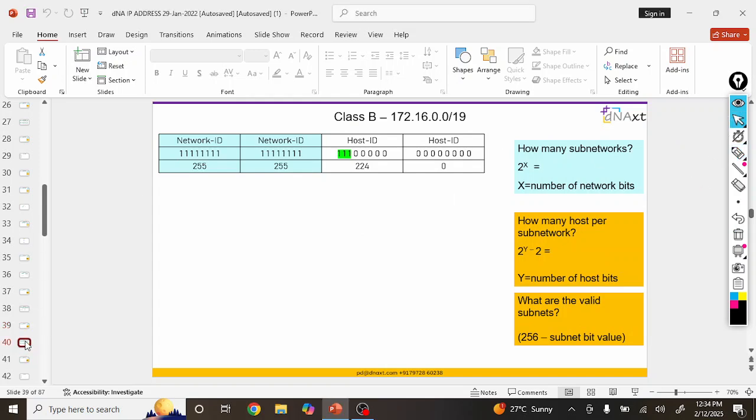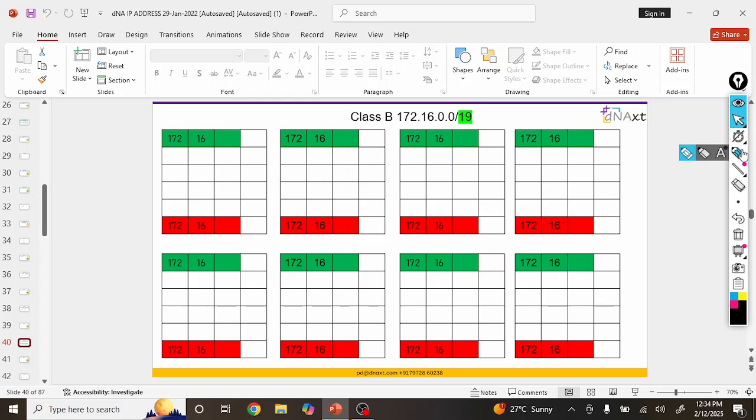Let's write down all these 8 subnetworks with their broadcast IDs. So we will start with 172.16.0.0. This is your subnetwork increment. The last octet will always be 0 because those are purely host bits, and host bits always remain 0 in the network ID.